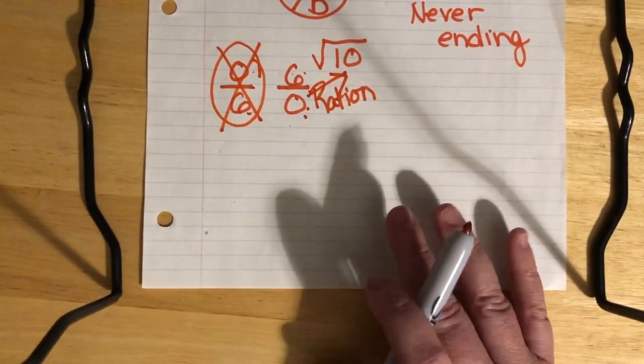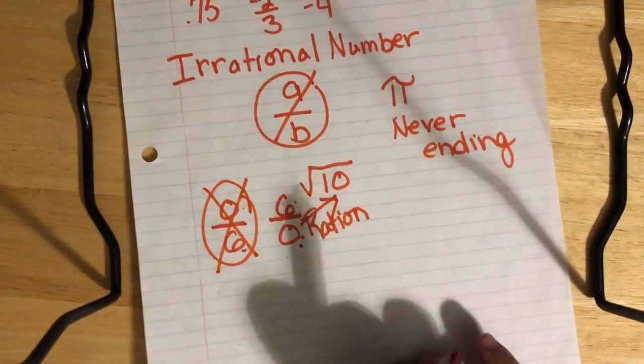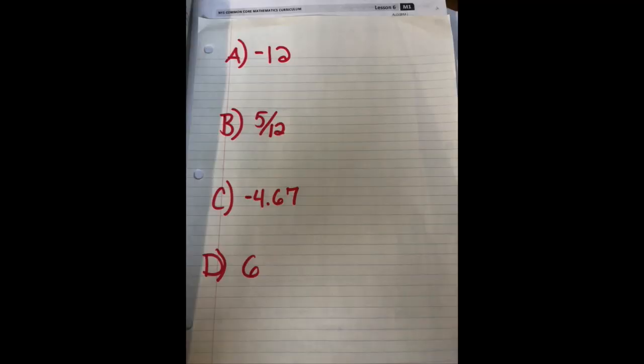So, when looking at this, I'm going to give you 4 numbers, and you need to tell me if they are natural, whole, integer, and then if they are a rational number.